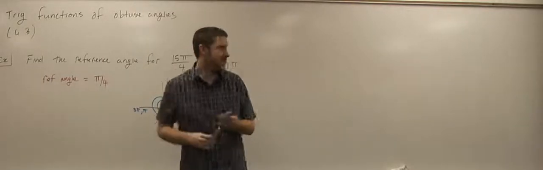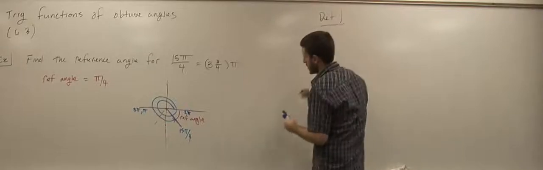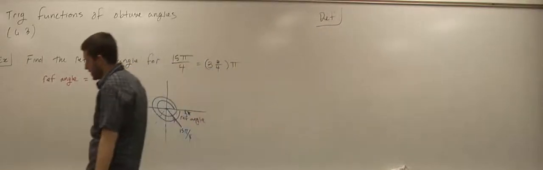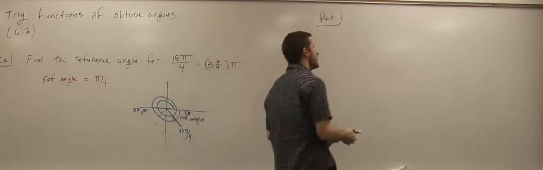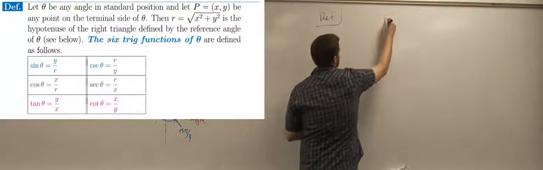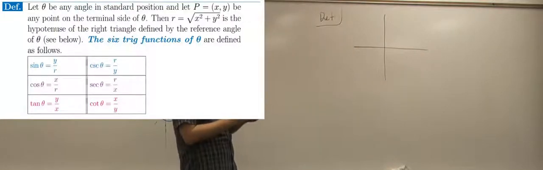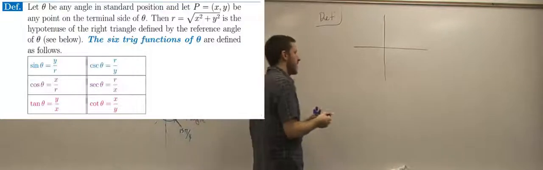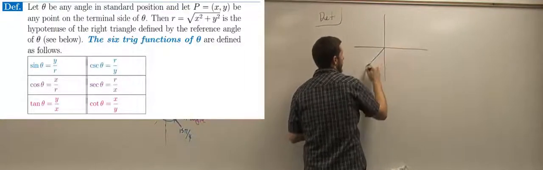All right, we talked about how we're going to start defining our trig functions. It's an extension of this idea of opposite over adjacent, opposite over hypotenuse, and so on. So the way this definition worked is you took some angle theta. This is kind of the last thing we rushed through on Monday.